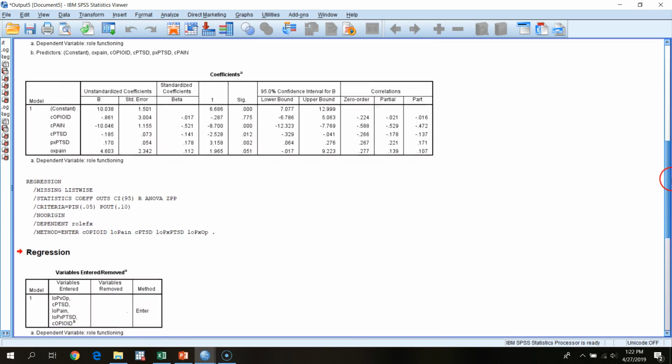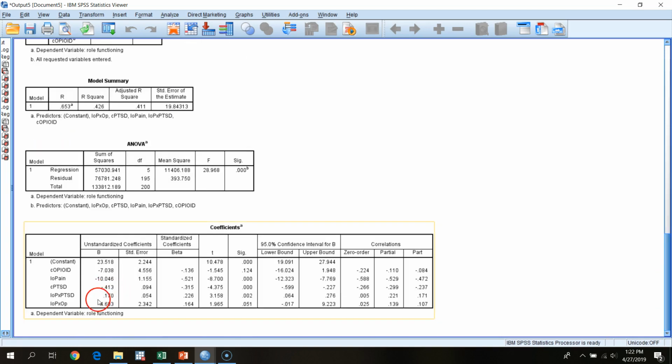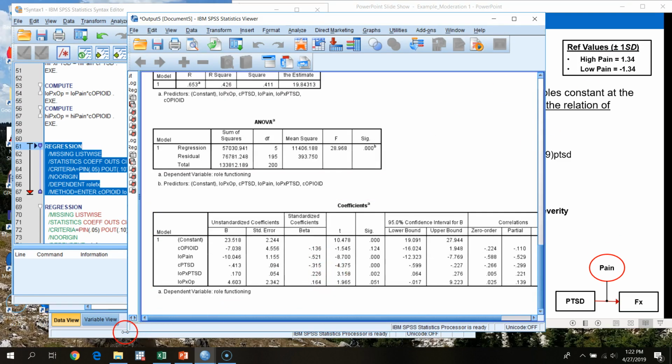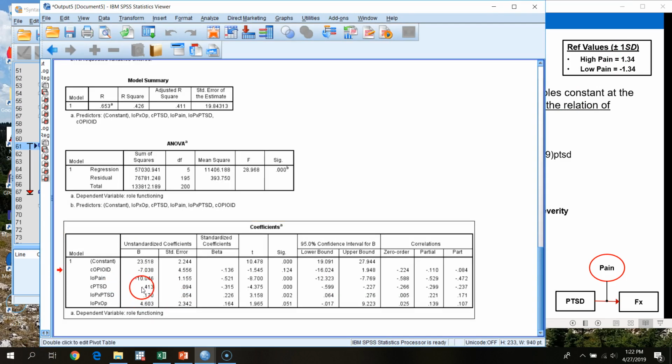And if we look at my individual coefficients, remember that the coefficients for my higher order effects shouldn't change at all. 0.170, 4.603, 0.170, 4.603. This is good. This tells me that things are working the way they should. But what I'm interested in here, in terms of my conditional effect of PTSD, is my coefficient for PTSD at low levels of pain.